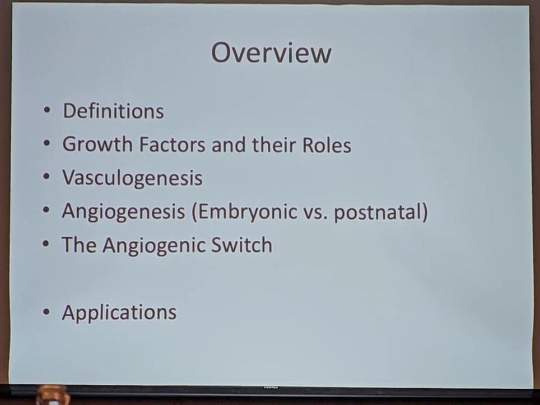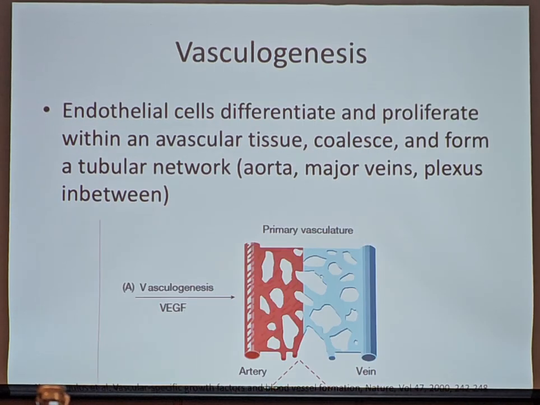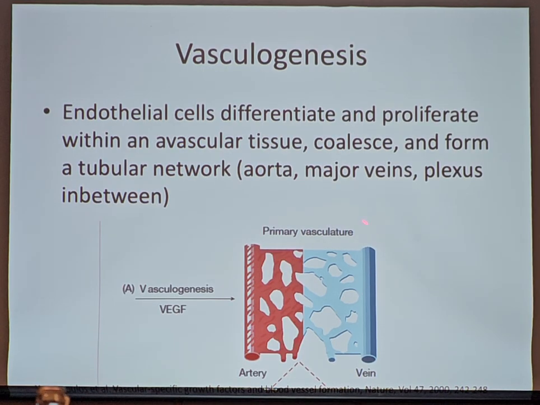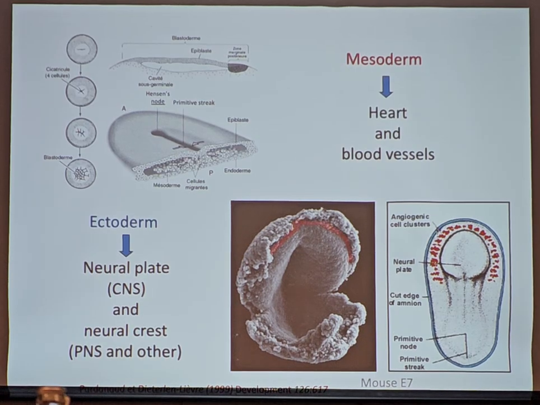Now let's go and make a little bit of a deeper dive into vasculogenesis. In a primary avascular tissue, endothelial cells will differentiate and proliferate and form this primary vasculature right here. And where does this happen? It happens actually in the mesoderm that will make the heart and the blood vessels.